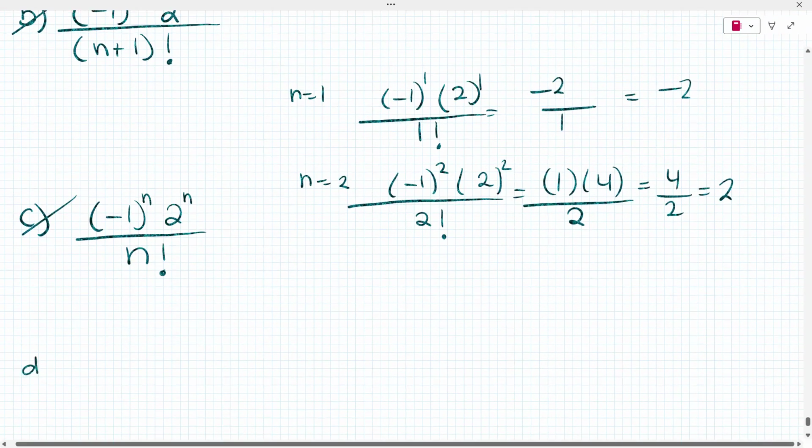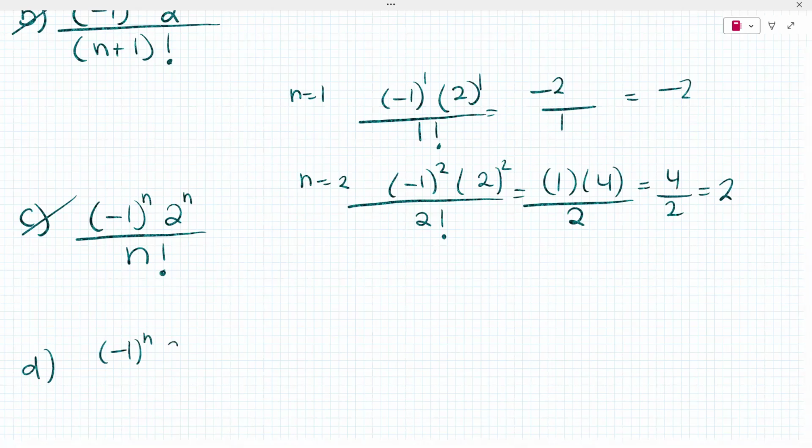D is -1 raised to the n times 2 raised to the n, over n minus 1 factorial. So let's start with n equals 1. It's going to be -1 to the 1, 2 to the 1.